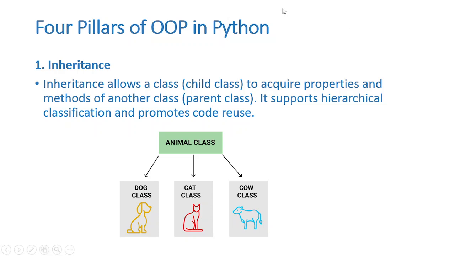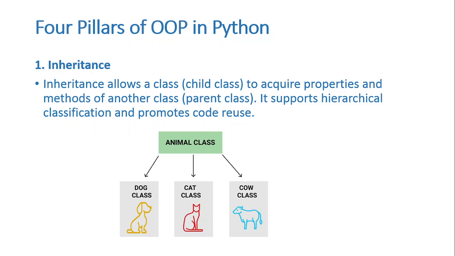So here, all animals have certain basic features: the color of the animal, the height of the animal, and the physical features of the animal like leg, tail, horn, etc. And also it has certain behaviors like barking, hopping, grazing, etc. So the animal class will have a common set of attributes and common methods of all the animals.